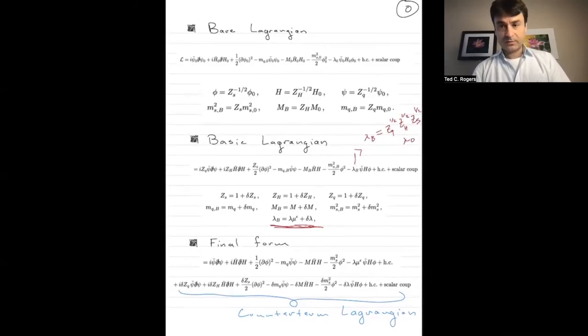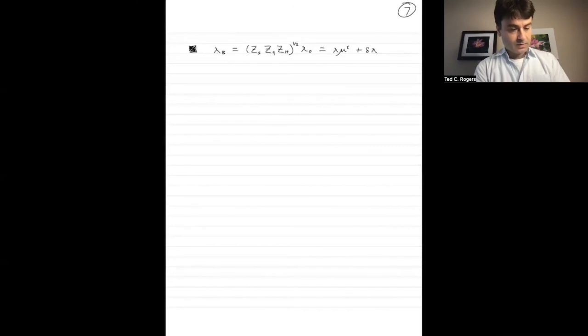All right, so now this is where we have to use our results for the Z_q, Z_h, and Z_s. Go back to our slide where we had gotten to. So we know that what I just said is true: lambda B is equal to all of the Z's to the 1/2 times lambda 0.